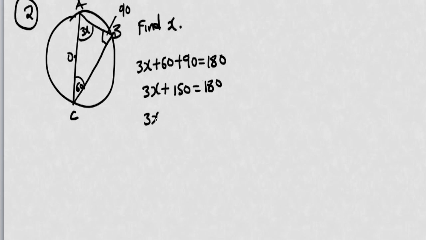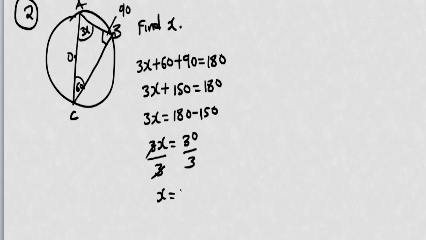So if I subtract 150 from both sides, I'm going to have 3x is equal to 180 minus 150, we get 30. Divided by 3, the value of x is 10 degrees.